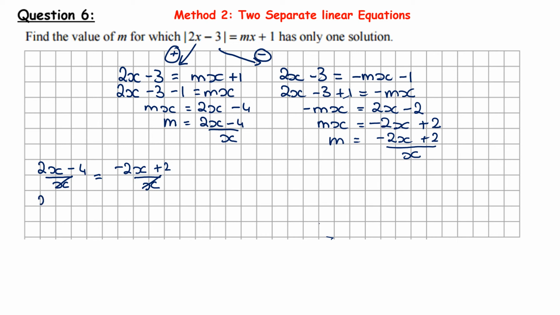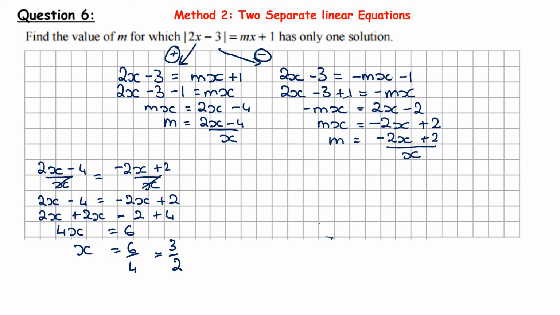And we're left with 2x minus 4 is equal to minus 2x plus 2. So 2x plus 2x is equal to 2 plus 4. So 4x is equal to 6. X is equal to 6 over 4, which simplifies down to 3 over 2. So that's our value for x.